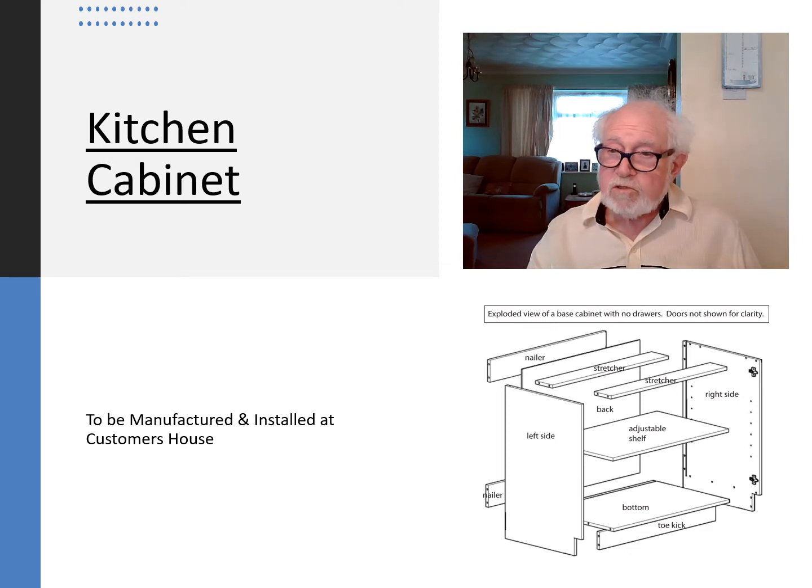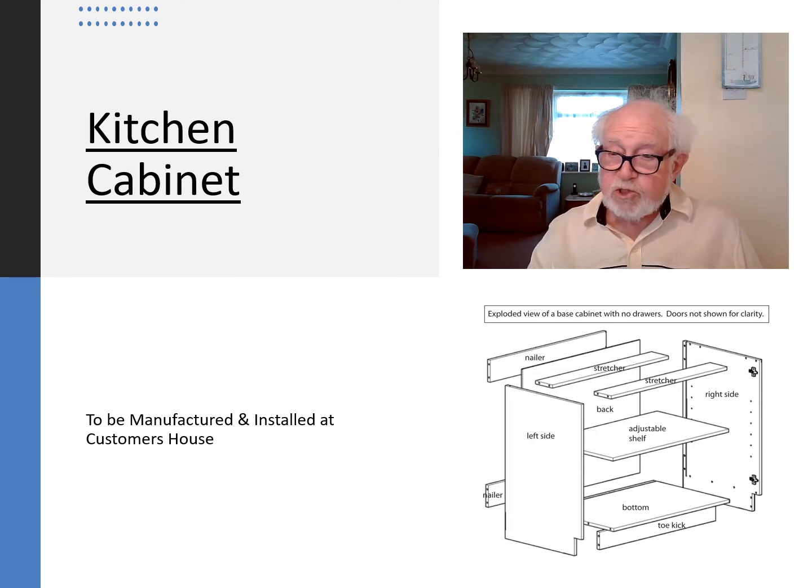We will now look at how the cost of a product is estimated. To demonstrate the processes needed to make and install the product, I've taken the example of a single kitchen unit that is part of a set of 3 to be installed along a wall at the customer's house. The doors are left off so that the interior components can be seen. The top will be covered by a work surface.